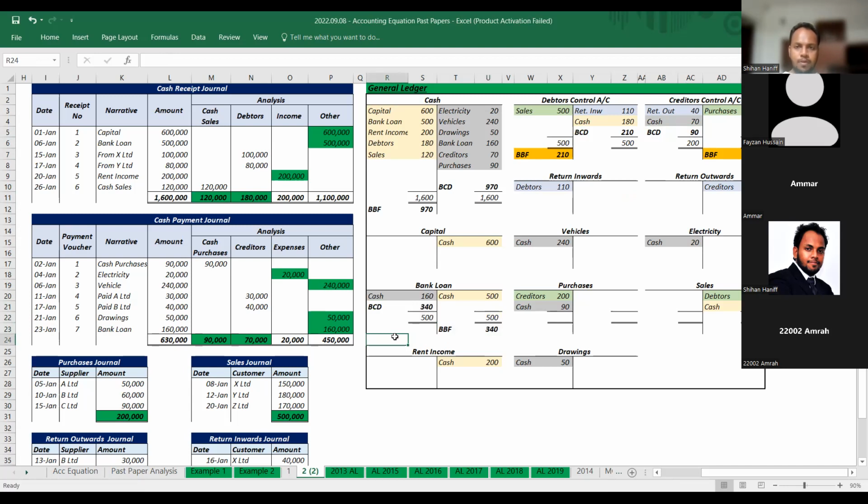So this is the general ledger. Purchases also. The sales 620.